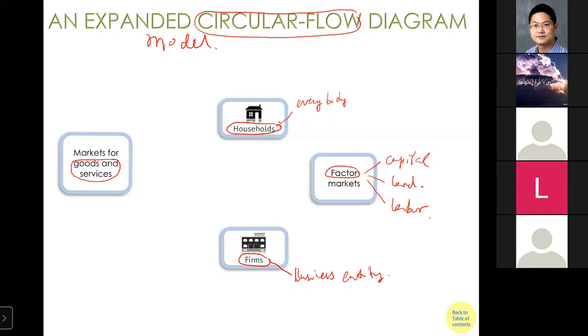Please pay attention here, we made a few assumptions. One, this is a closed economy. And secondly, no government. So just keep these two in mind. But later, we are going to introduce the open economy, where we allow the economy to trade with others, and we allow government. But we start with simple.